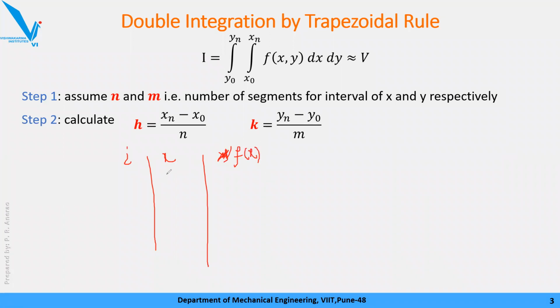So after that we used to calculate x0, x1, x2, x3, and so on up to xn. Then we used to put the value of x0 and evaluate the function. By using that we used to calculate f of x0, which we called y0 earlier, f of x1, f of x2 and so on.